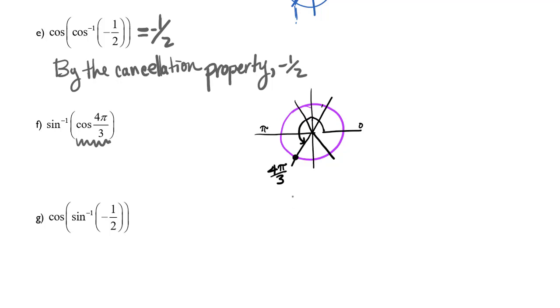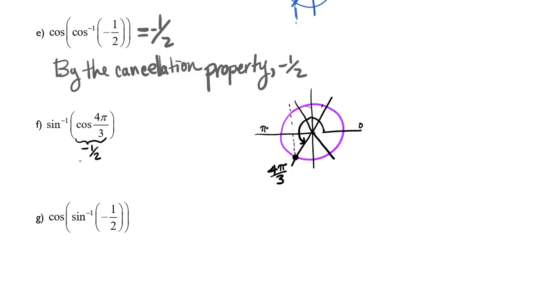And if I look at the x values for which 4 pi over 3 exists, I know that 4/3 is equivalent to negative 1/2. So the cosine of 4 pi over 3 is negative 1/2.